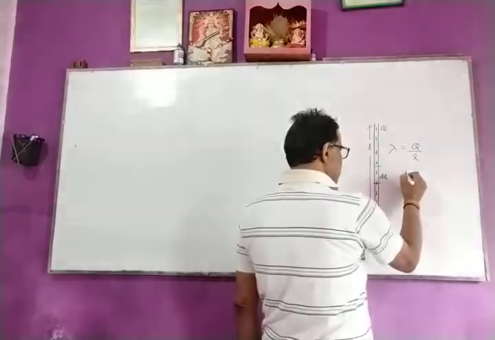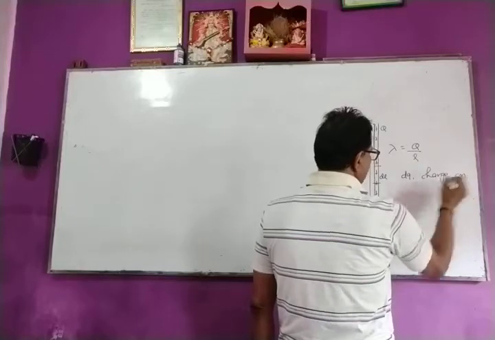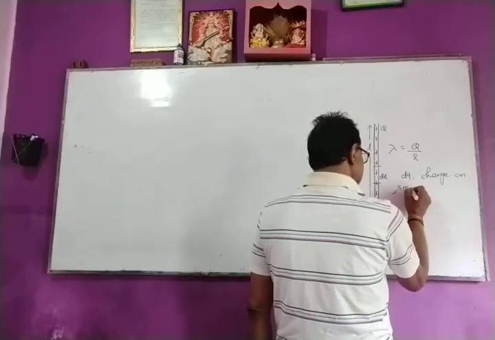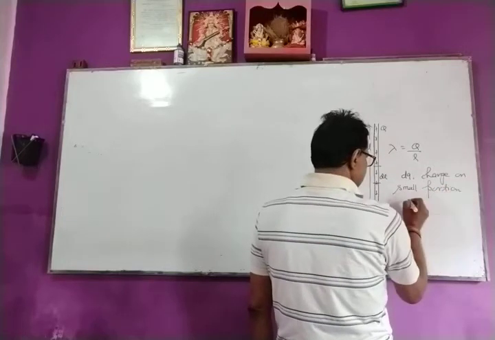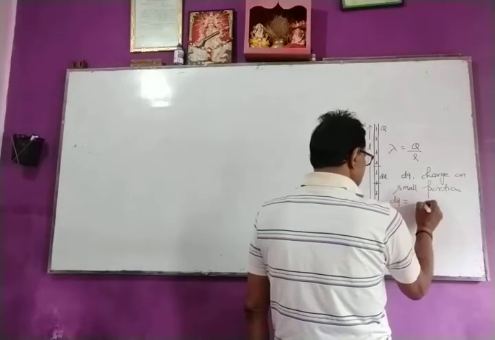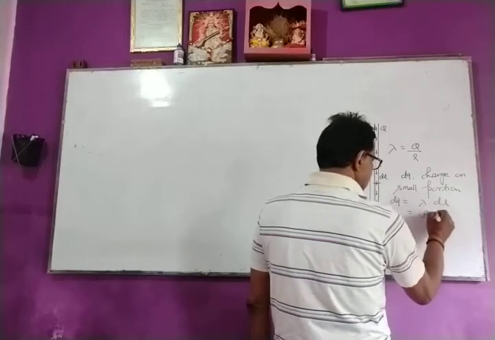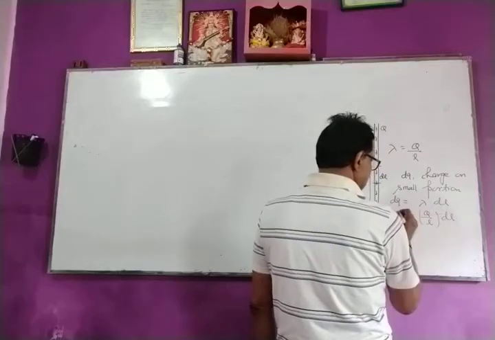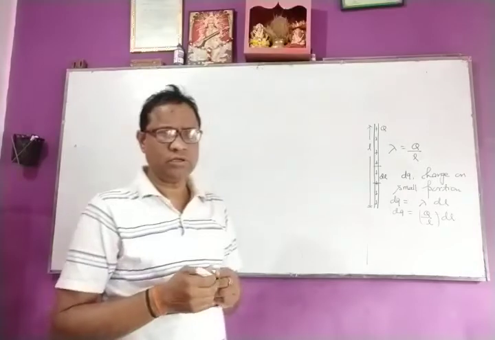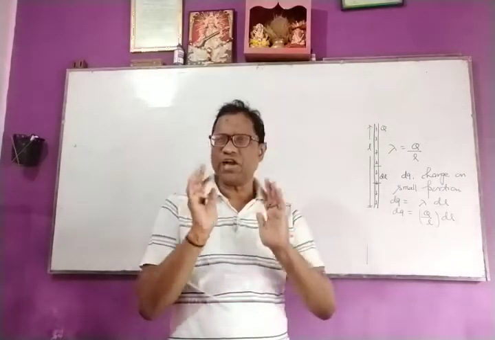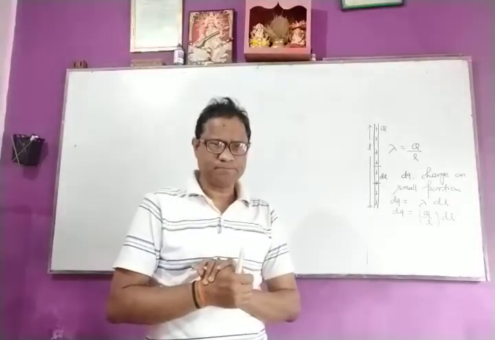So the charge dq on a small portion is equal to lambda into dl, means Q by L into dl. It is the charge on a small portion, and the SI unit of linear charge density is coulomb per meter. Clear?